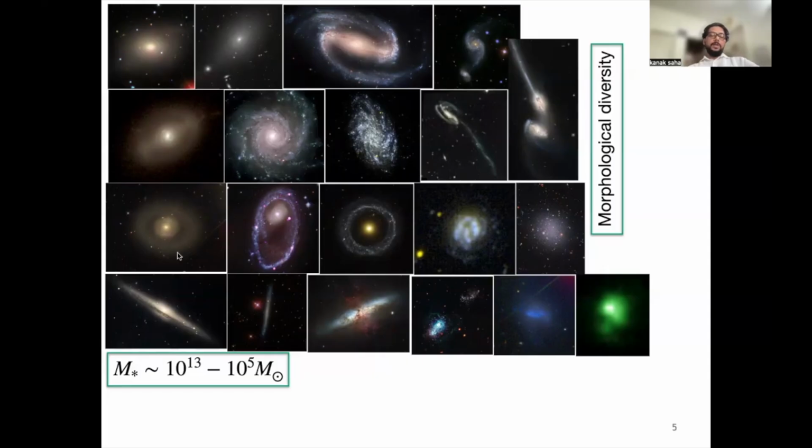Galaxies, when looked at edge-on, look like this or like this, which means that we can see how thin or thick the disk is. And these are known as super thin galaxies. Overall, from the green peas to the big elliptical galaxies, they have a huge dynamical range in stellar mass, going all the way from 10 to the power 5 times the mass of the Sun up to 10 to the power 13 times the mass of the Sun.